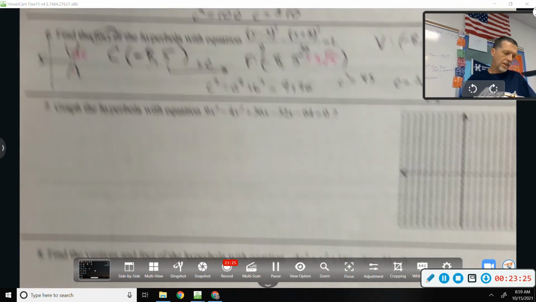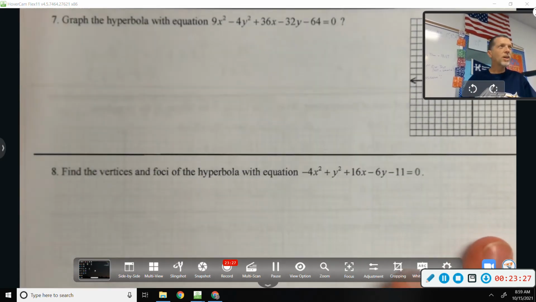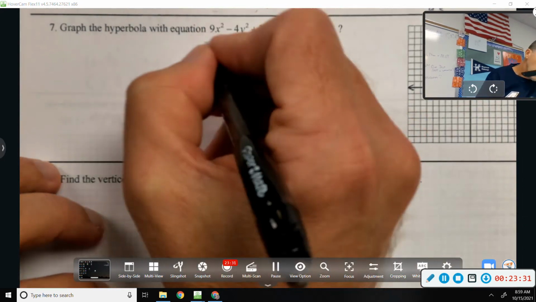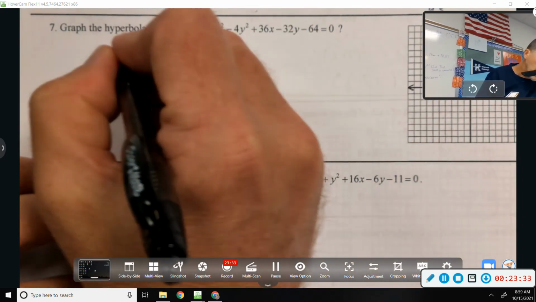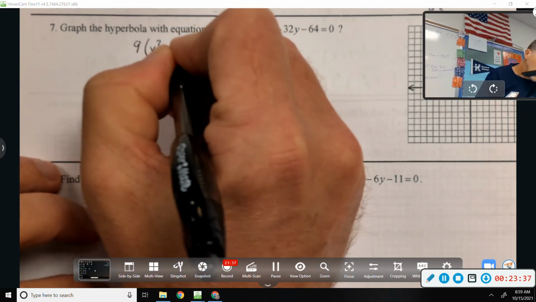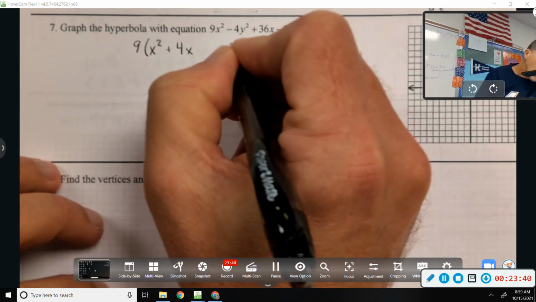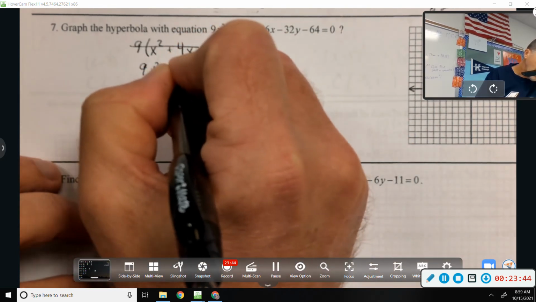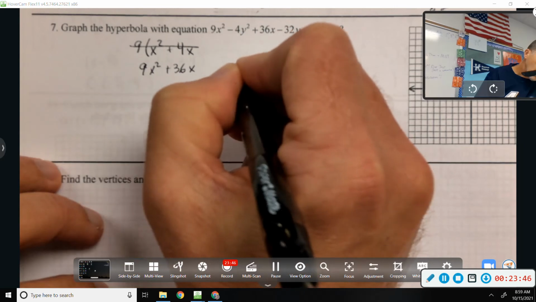All right, 7 and 8, more algebra. Graph the hyperbola. Well, this is going to be complete the square stuff. Let's group the x stuff. Group the y stuff.